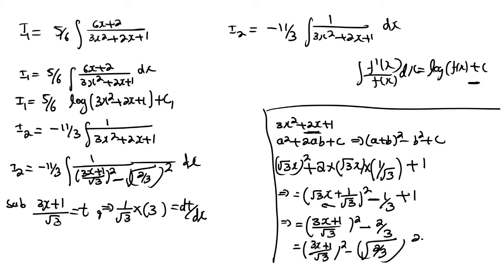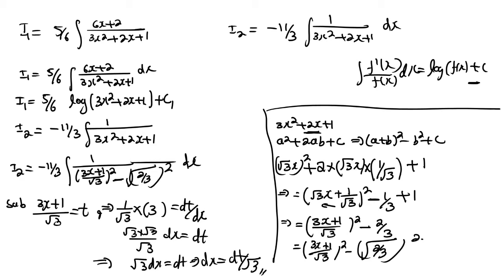So what is the value of 1 by root 3 into 3? Root 3 can be written as root 3 into root 3 by root 3. Take dx this side, so root 3 into dx equals dt. This implies dx value is equal to dt divided by root 3.